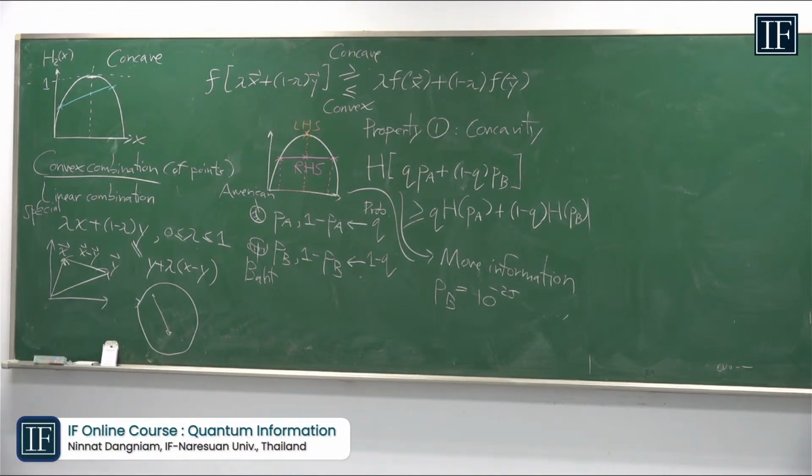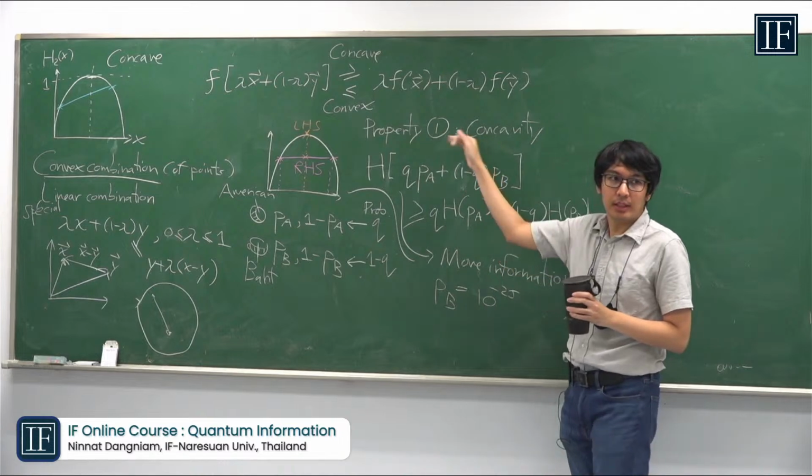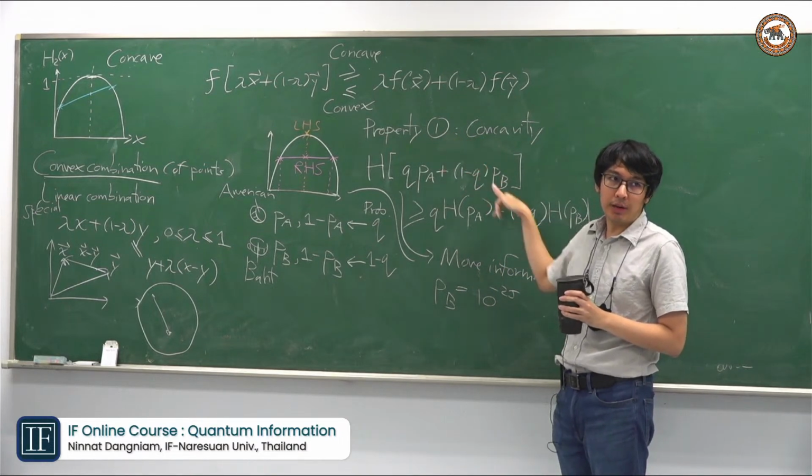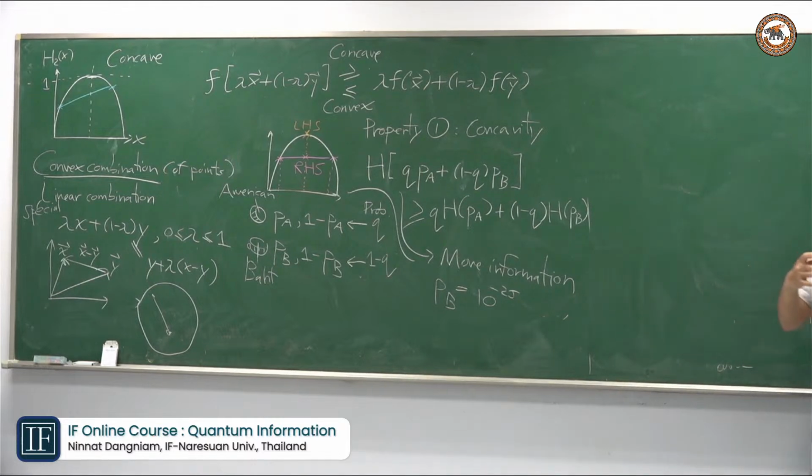So this is the left hand side. That is, the Shannon entropy is greater than, or it's like more information if you know.